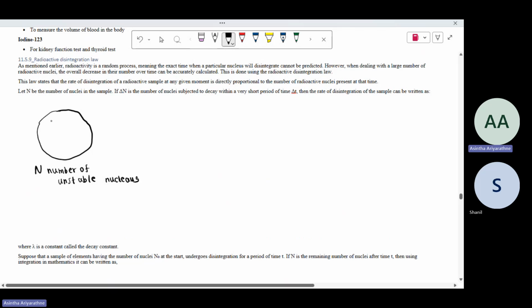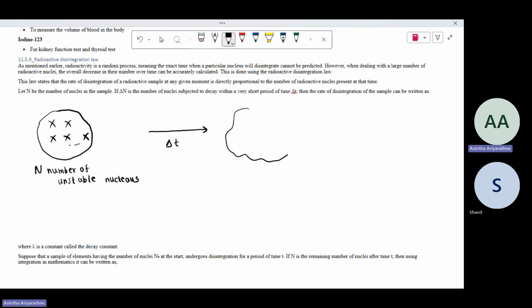Here there are n number of unstable nuclei: 1, 2, 3, 4, up to n. And after delta T time, after a small amount of time, what would happen?